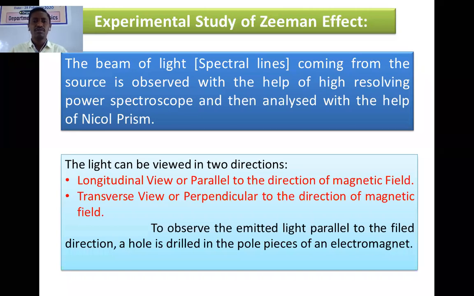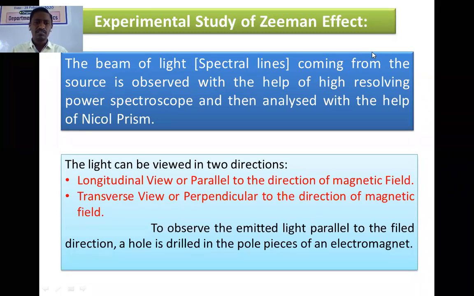And to analyze the nature of the resultant spectral lines, which kind of polarization is there, we have to use the Nicol prism.